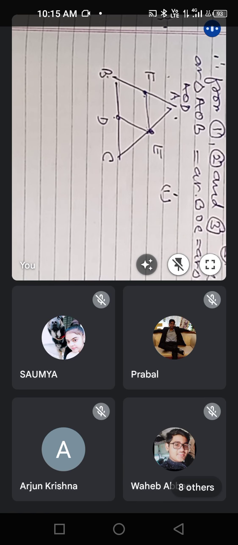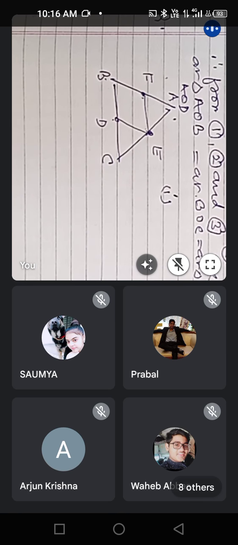Point number one: F is the midpoint of AB, and E is the midpoint of AC.